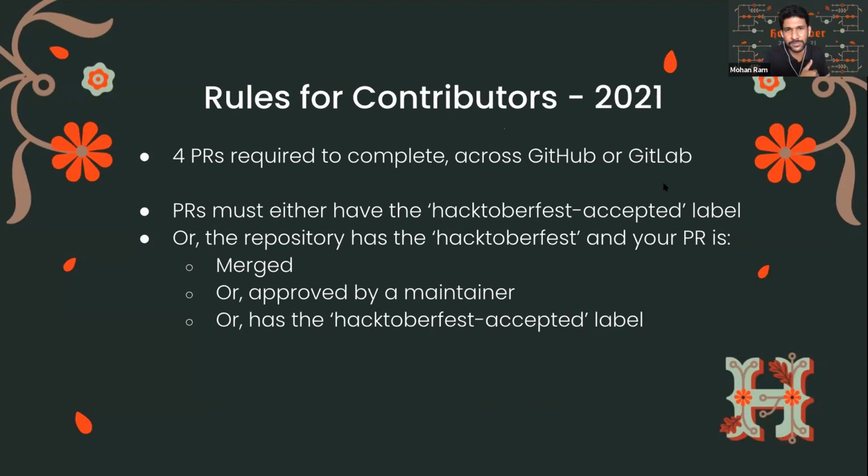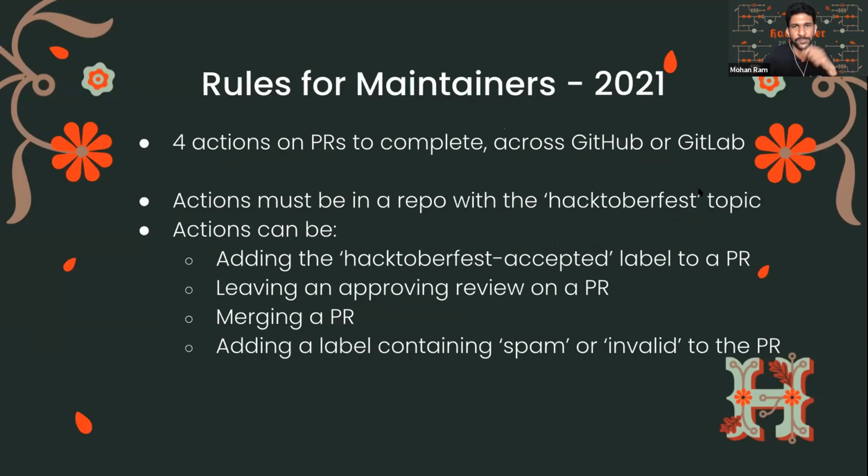For your PR to be counted, it has to either be merged or approved by the maintainer, or it should have the Hacktoberfest accepted label, right? So these are the requirements for your PRs to be counted to make the number 4, so that you can get a t-shirt or can choose to plant a tree in the DigitalOcean forest. So these are the rules for contributors. If you have questions, please let us know and we'll try to respond to them.